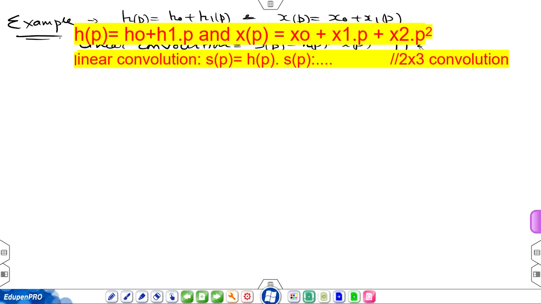So this is a 2 cross 2 convolution. Two terms in h(p) and two terms in x(p), 2 cross 2 convolution.